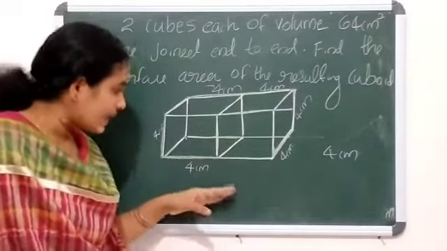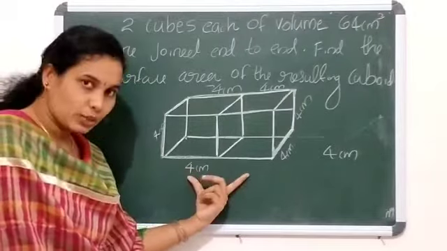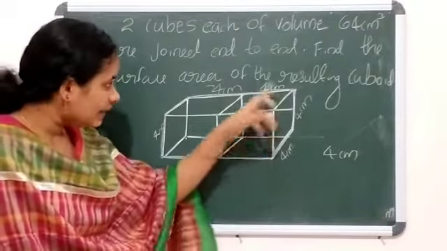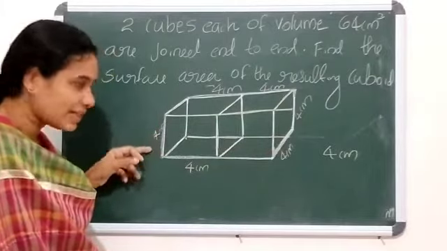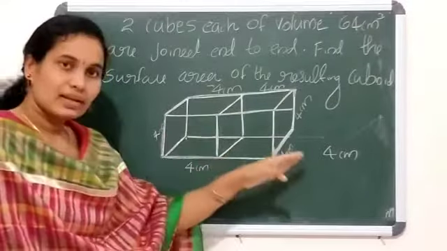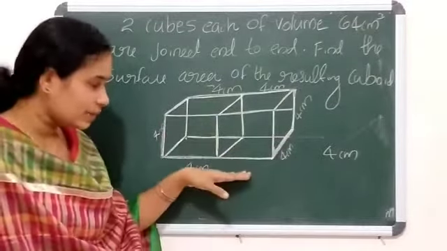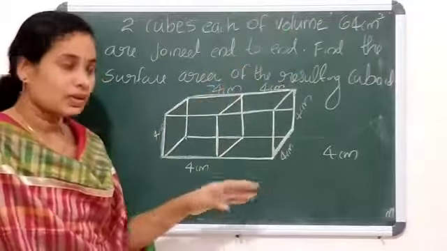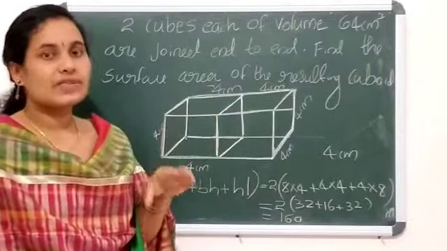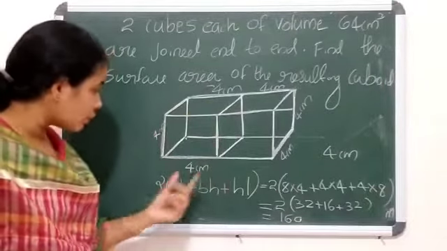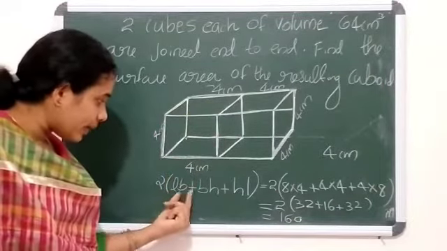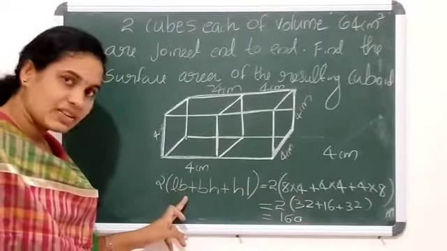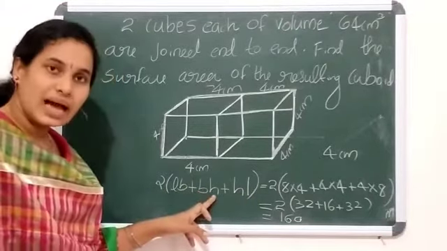So here you can see that the length of this cuboid is 4 plus 4, that is 8 centimeter, and breadth is same 4 centimeter, and also the height is 4 centimeter. From the picture it is clear. We know that the surface area of the cuboid can be found out by the formula 2 into L into B plus B into H plus H into L, where L is the length, B is the breadth, and H is the height.